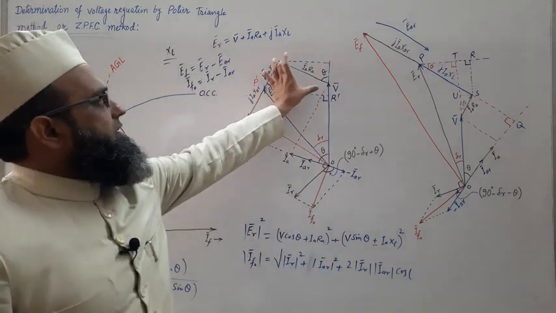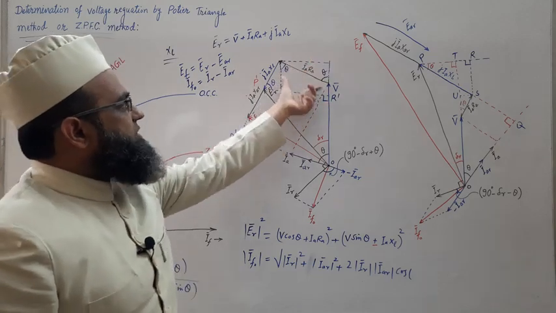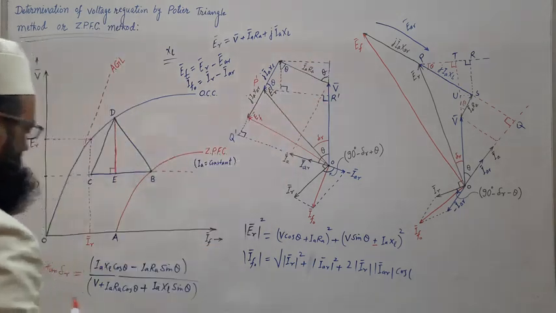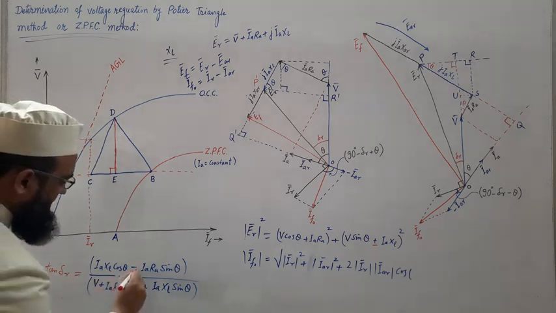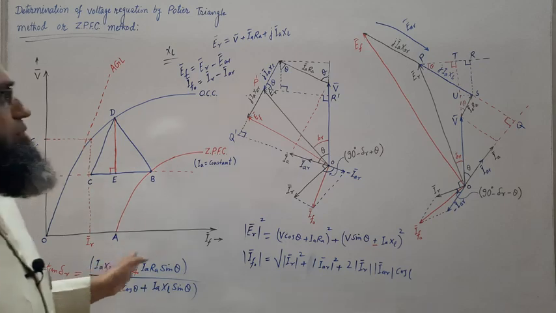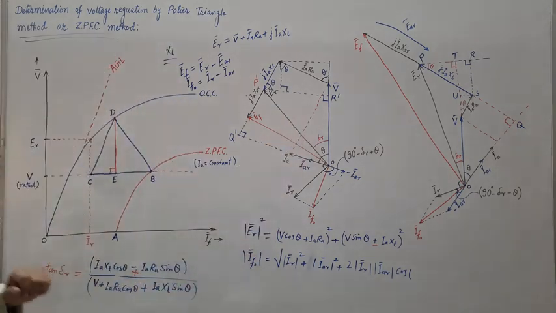So this is IA RA, so this will be IA RA cos theta, then this will be IA RA sin theta, and this will be the same as this. So plus sign will be there, IA RA sin theta. Here plus sign is coming instead of minus sign in case of leading power factor in numerator. What about denominator?